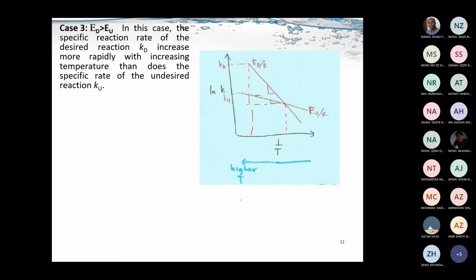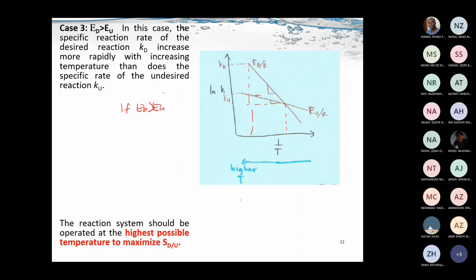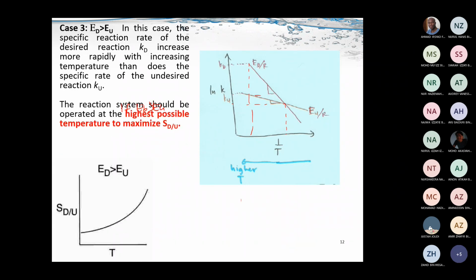So this is for ED over EU. Okay. The reaction system should be operated at the highest possible temperature to maximize SDU. Actually this is 1 over T, not T. So if we have a very high temperature, say 1 over 500, the value will be smaller. If you get a smaller T, the value of 1 over T will be bigger. For example, this one is 1 over 200, and then 1 over 500.